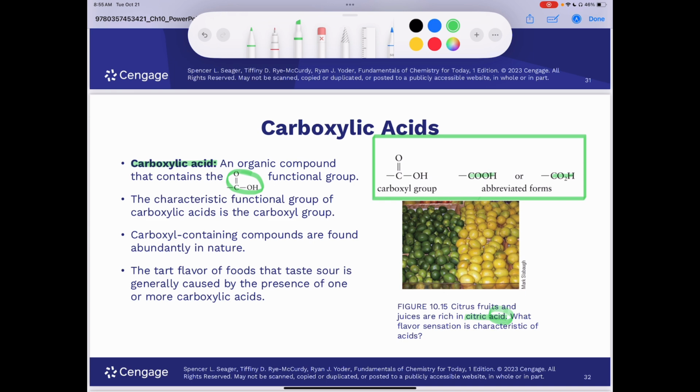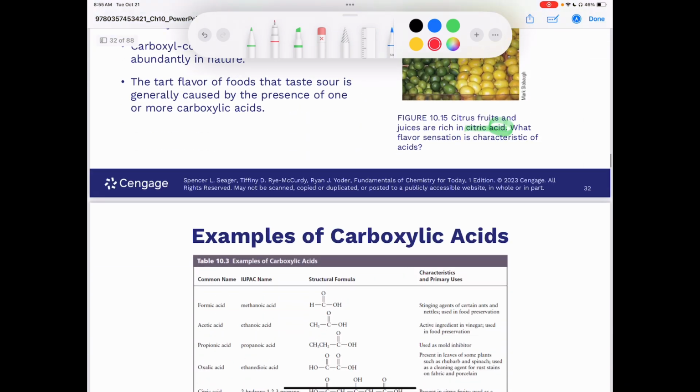And also later on, we're going to look at propionic acid or propanoic acid, this acid here, a carboxylic acid with three carbons in it. And if you like the tang in Swiss cheese, it comes from propanoic acid. So oftentimes foods that are sour, we owe that to carboxylic acids.